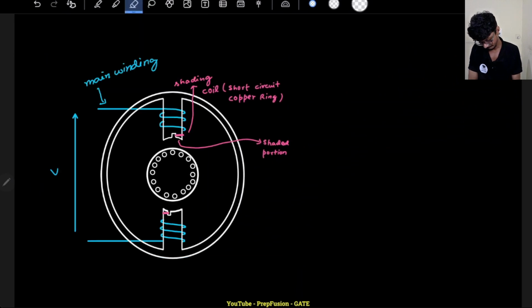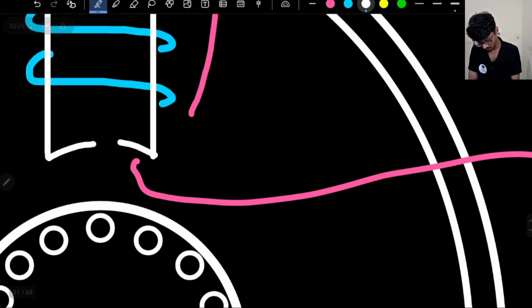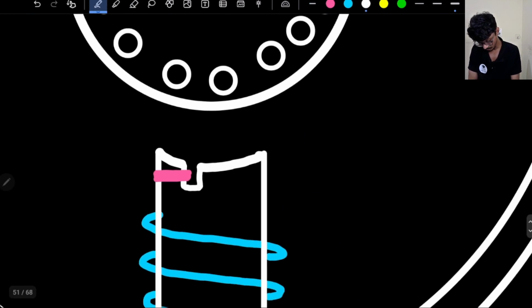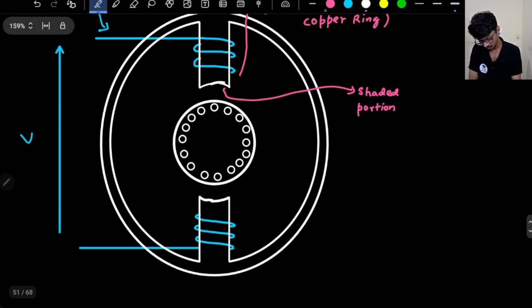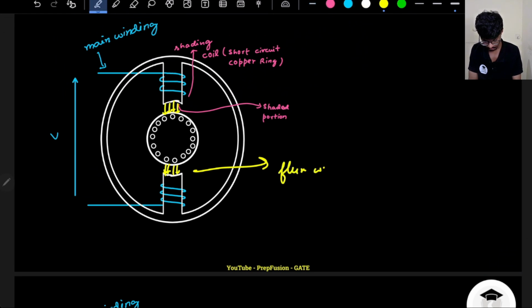Here flux will be totally uniform if no shading is there.